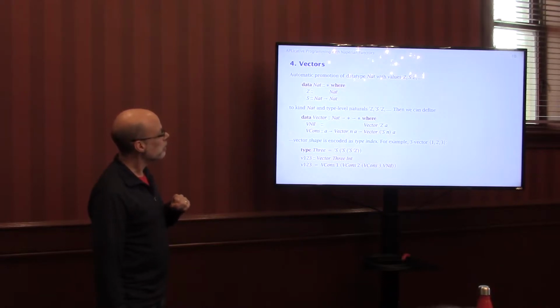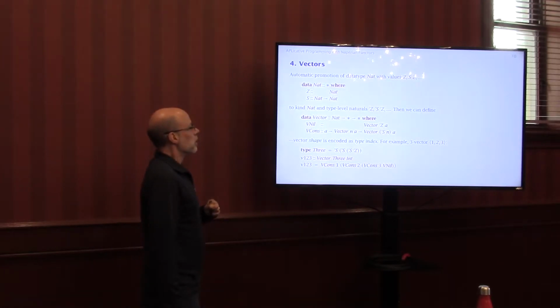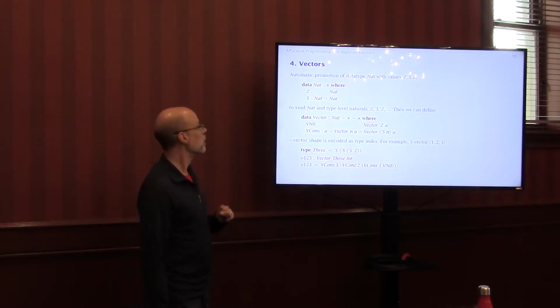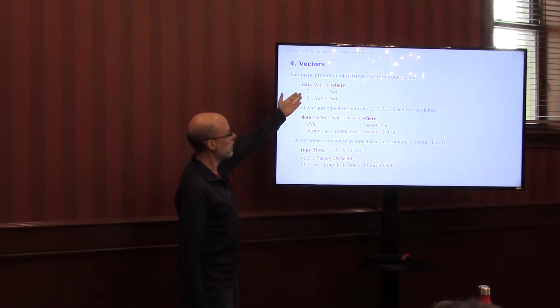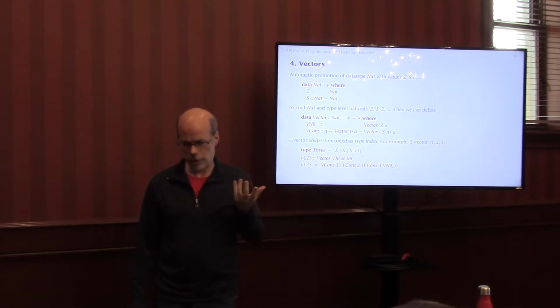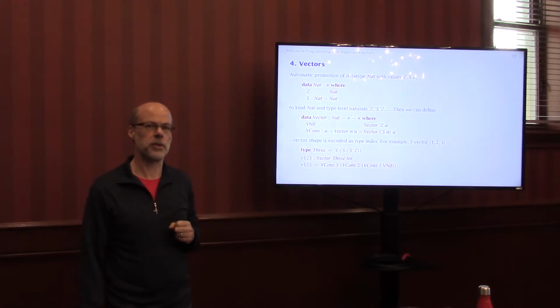So the idea, and what Sam hinted at in his talk, is that these days Haskell is on the way to being a dependently typed programming language. There's a familiar data type of natural numbers. Z is a nat, and S takes nats to nats, so it's a successor function on nats.